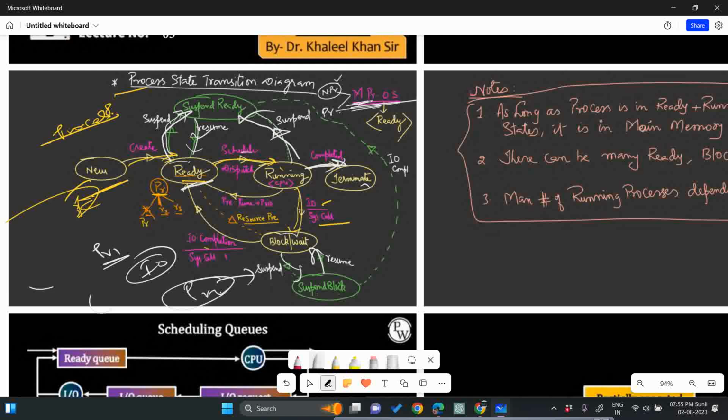Process two already has higher priority than process one, so process one has to wait. So it can go to the suspend block state, and it can resume again directly into its IO operation.